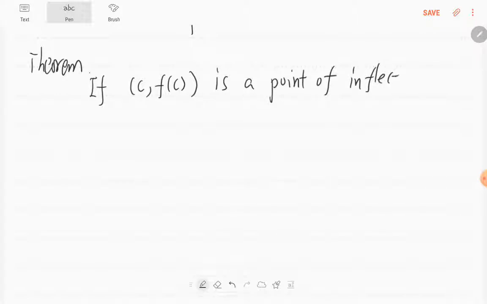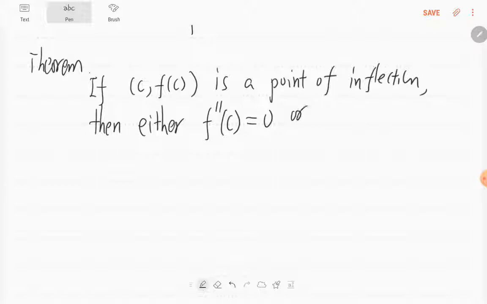It says, if (c, f(c)) is a point of inflection, then either f double prime at c equals 0, or the second derivative at c does not exist.